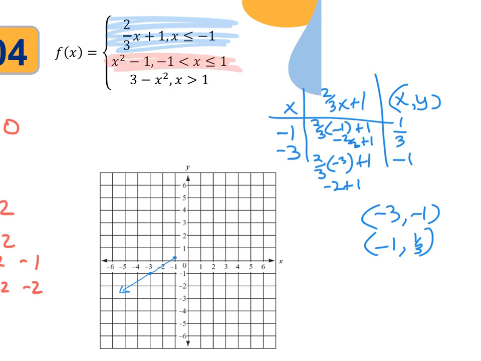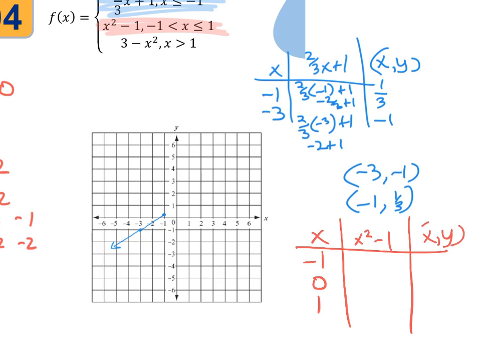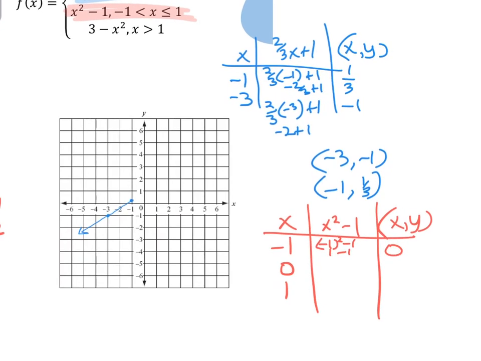Now notice the restriction here. I'm choosing numbers that are in between -1 and +1. So if I plug in -1 and I square it, I get 1 minus 1 and it's 0. So the ordered pair is -1, comma 0. Then when I plug in 0, square it, I get the ordered pair 0, -1.